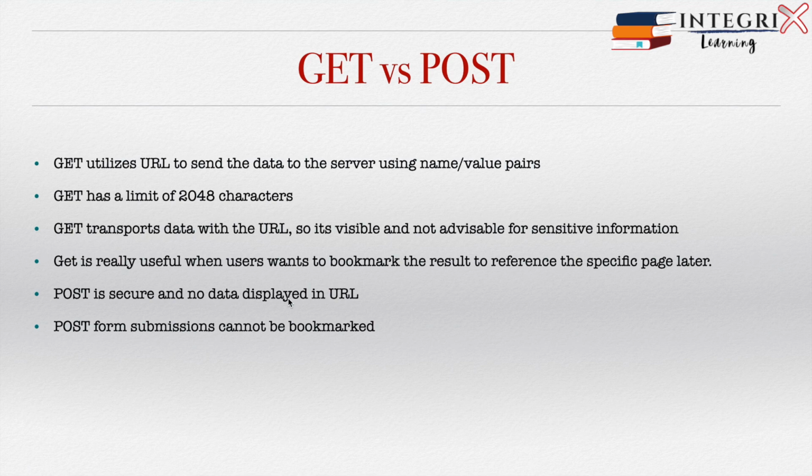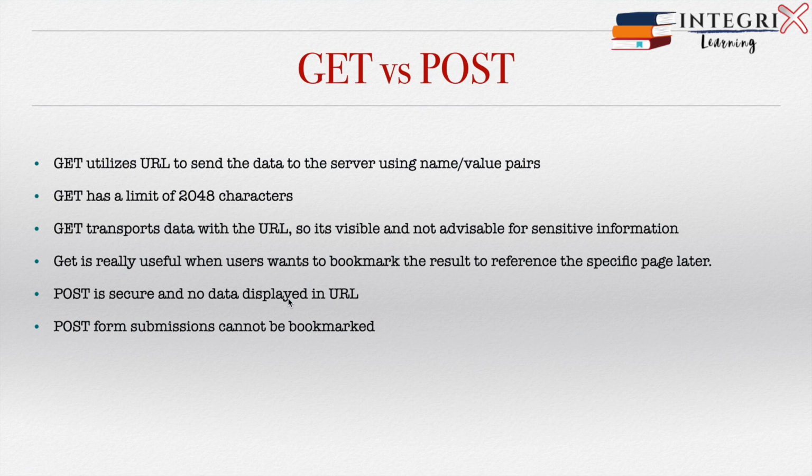It has a limit of 2048 characters. So if your data is an editor or a big message, the get method will not work and you have to rely on post. Since it is transporting data with the URL, it is visible. So if you are working on sensitive information, the get method is not advisable and one should go with post.